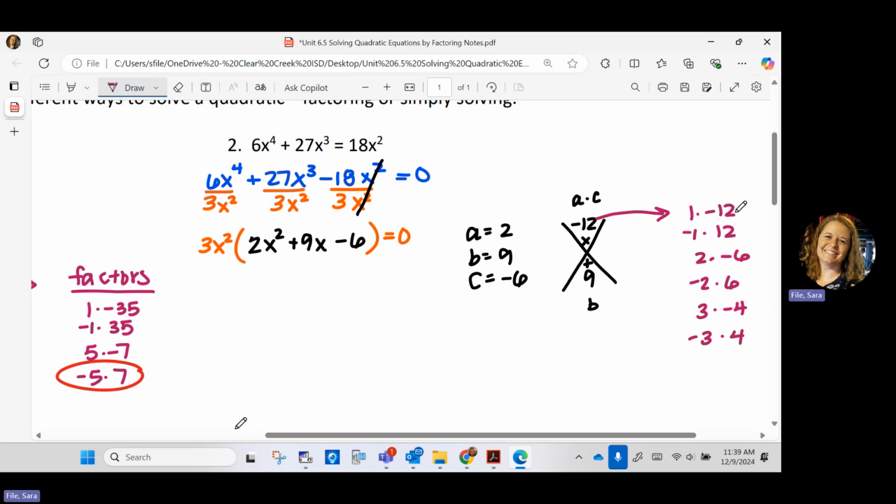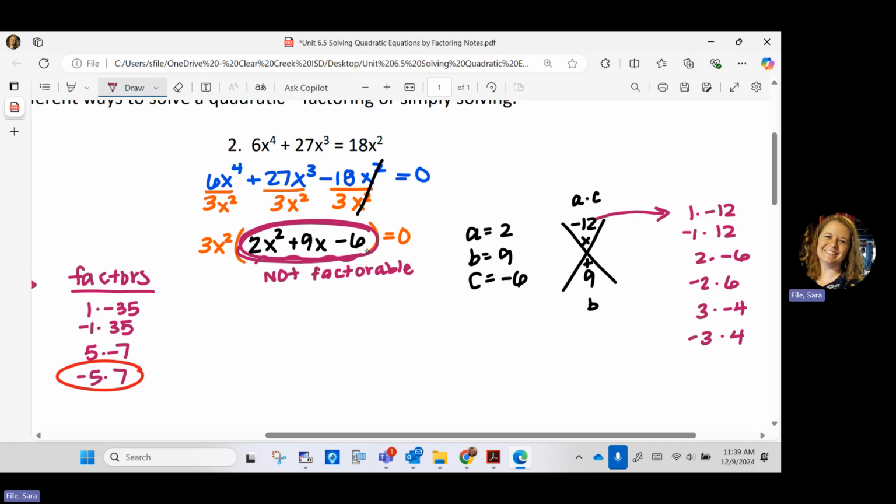So that means that this part is not factorable. Okay, so this one I cannot solve by factoring because this part right here is not factorable.